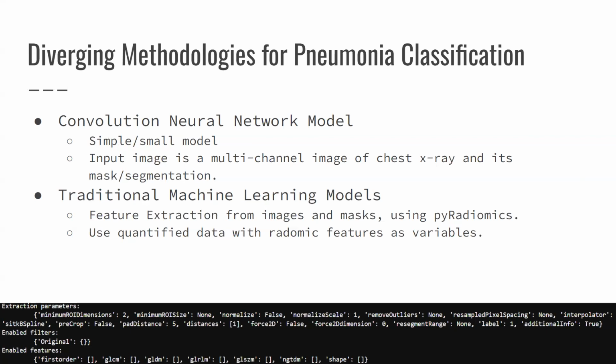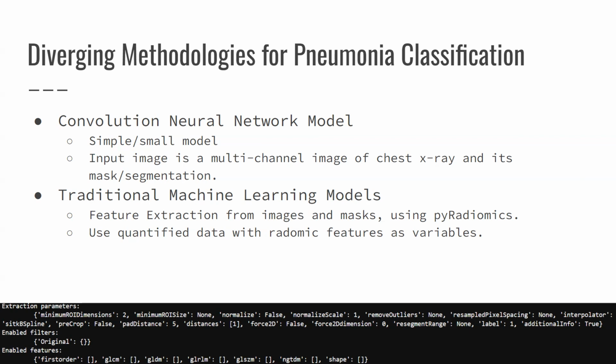These are like deterministic functions. I plug the image and the respective masks in to calculate, for example, mean, median, intensity, shape features, all sorts of stuff. And these are all radiomics. And that's one model I'll be using to predict pneumonia.